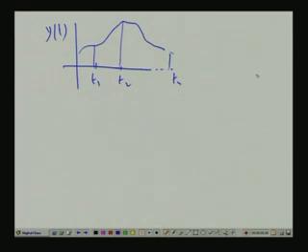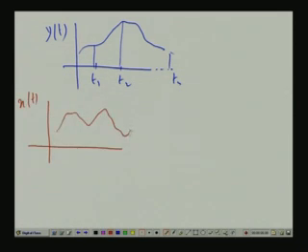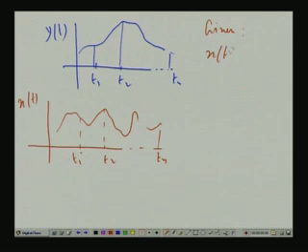We will check. Suppose it is given that the input x(t) is SSS.